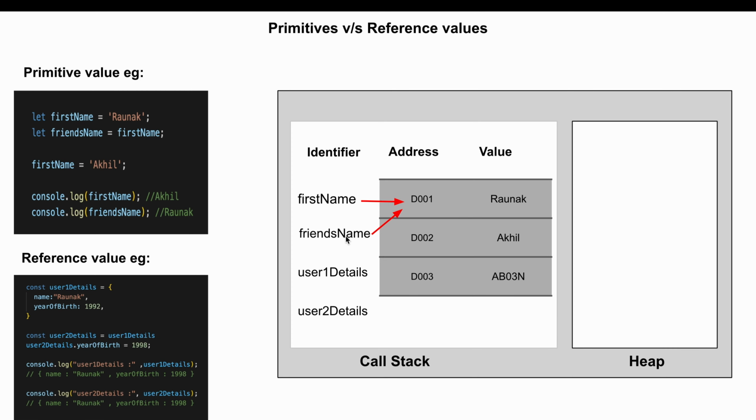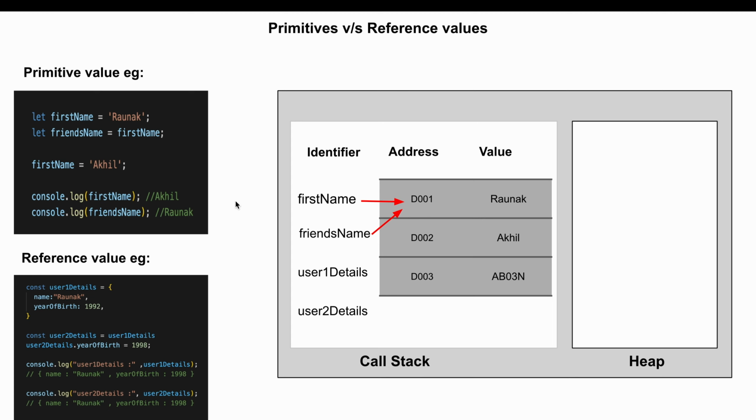It will not create a new address because we already have the same value in one address. So it will create a new identifier friendName, which will simply point to the address D001, which holds the value Raunak.